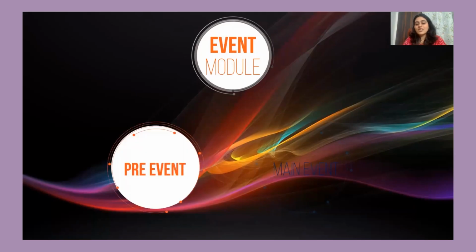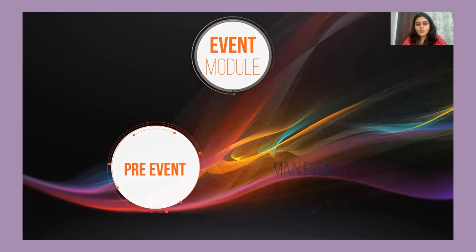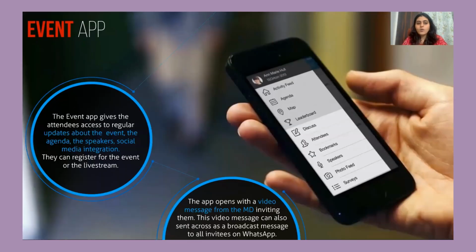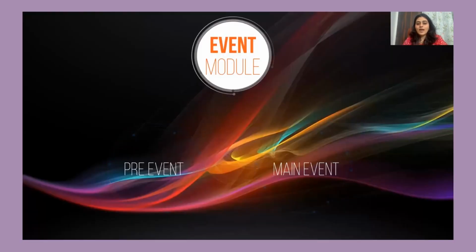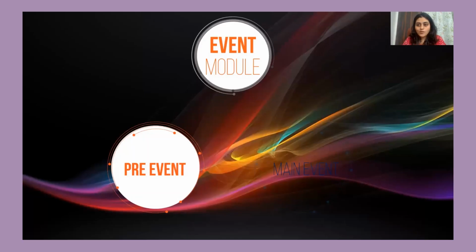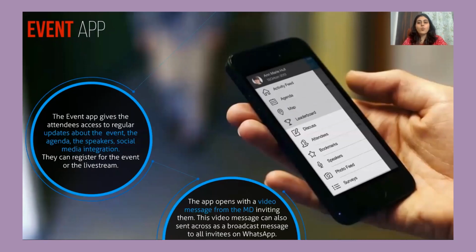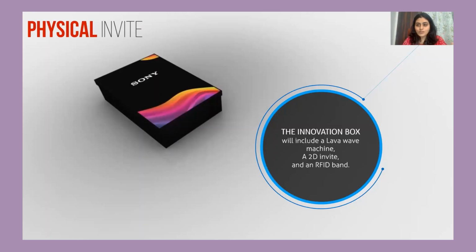Once I showcase, okay, this is the event module, you get into talking about the module in detail, right? Once you've said, okay, this is the module I'm following, now let's get into it. So if you saw this, I said, okay, I have this module, but now I'm going to talk about my pre-event. Once I say pre-event, I get into what all I'm going to do before the event. I'm going to send them an invite.